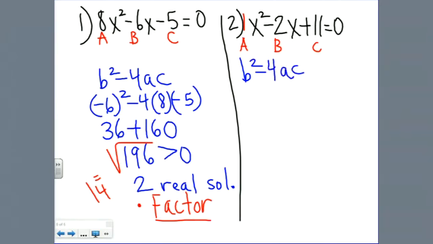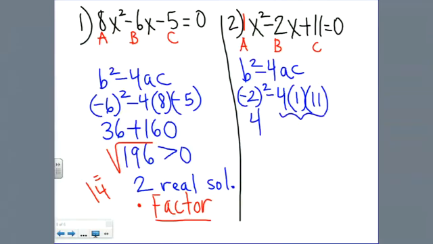So let's plug these values into our discriminant. We have -2 quantity squared minus 4 times 1 times c, which is 11. -2 squared is -2 times -2, or positive 4.